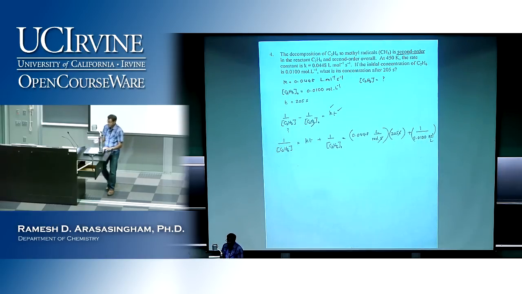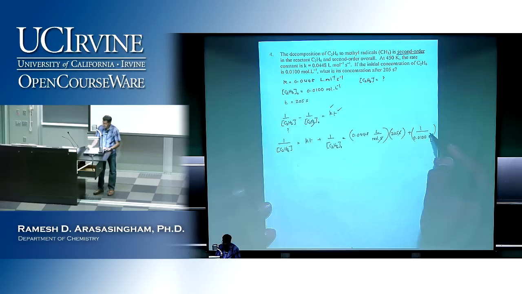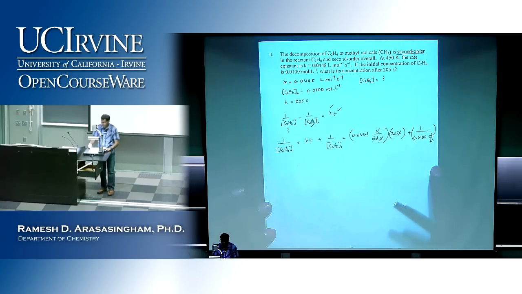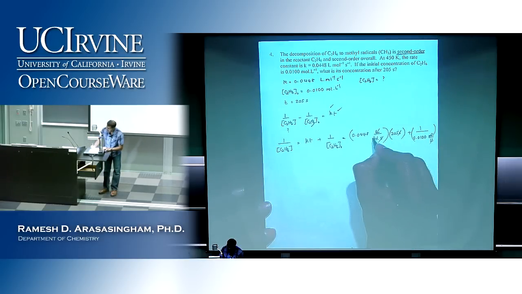Okay? Can you see that this moles and that moles will cancel out, and this liter and that liter will cancel out because this is the inverse of the inverse? Okay? So, sorry, they do not cancel out. This will remain liter per mole, and this becomes liter per mole as well.